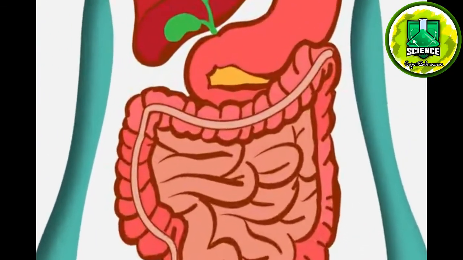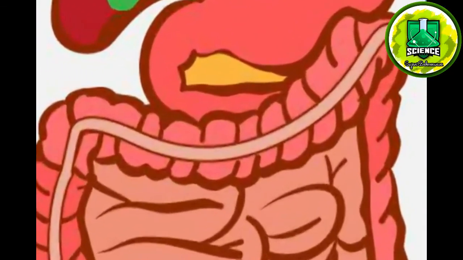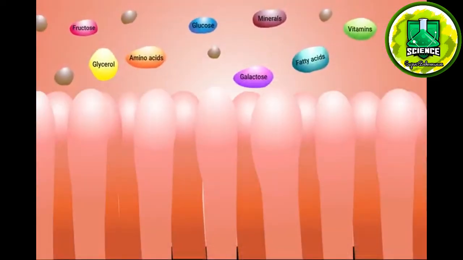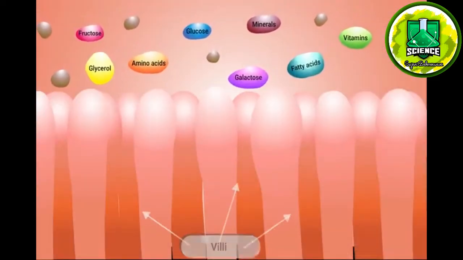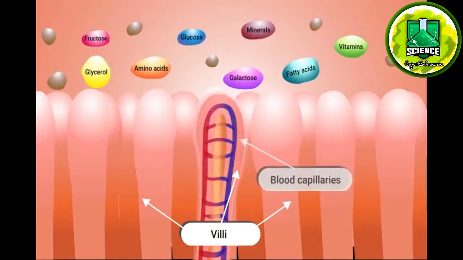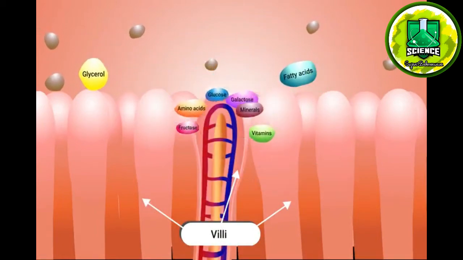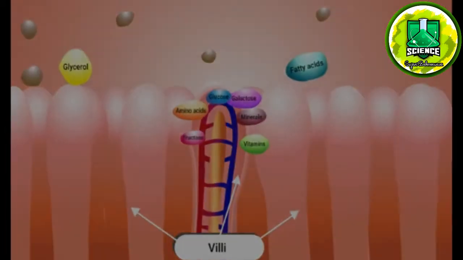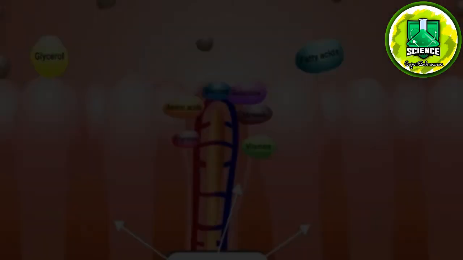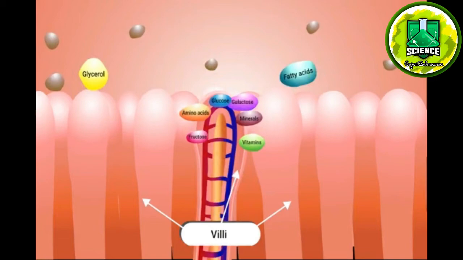The digestive end products such as amino acids, vitamins, minerals, and monosaccharides enter into the blood capillaries. Fatty acids and glycerol are absorbed into lacteals. Finally, they enter into the blood circulatory system.